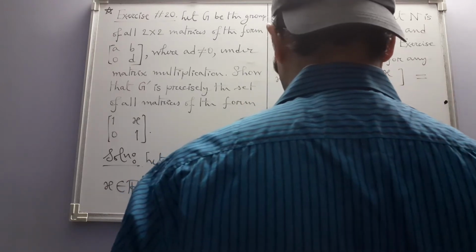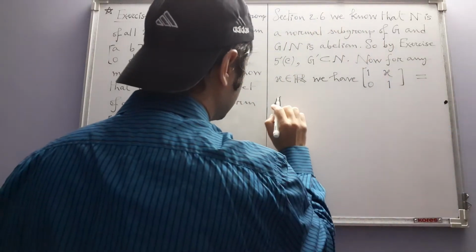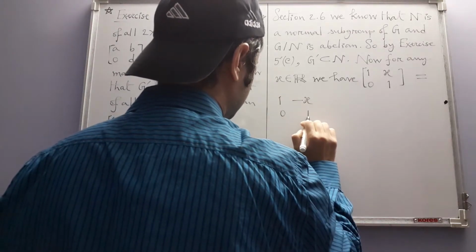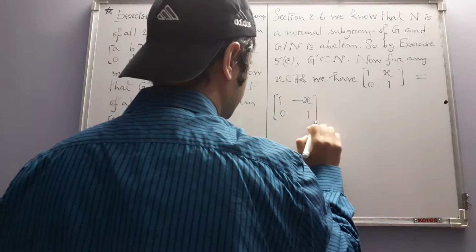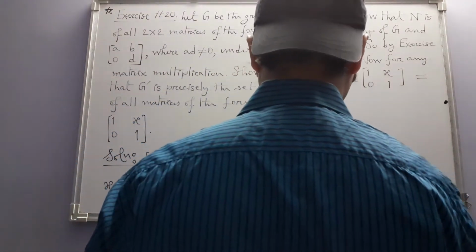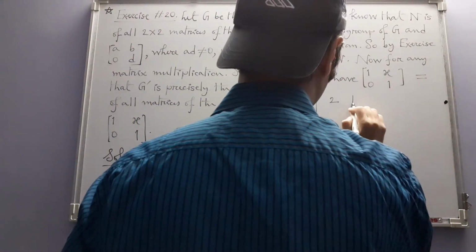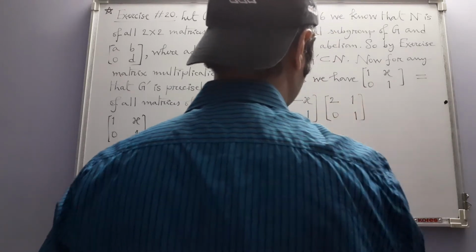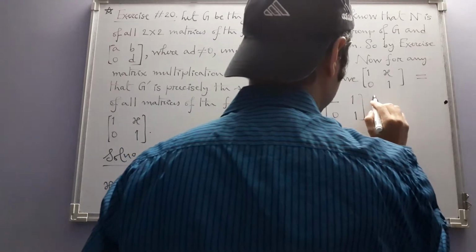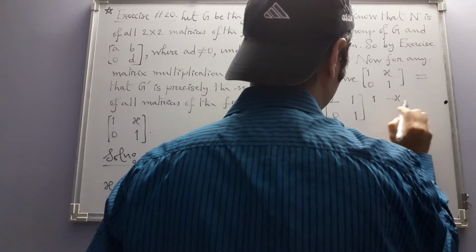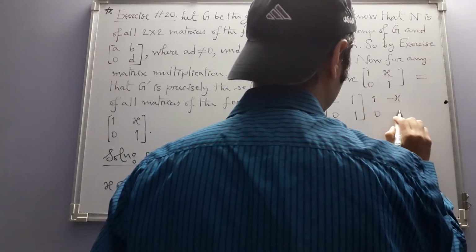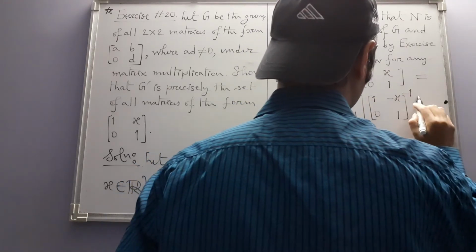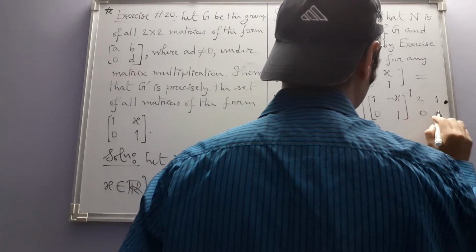One can see that it is equal to this product: [1 -x; 0 1] times [2 1; 0 1] times the inverse of [1 -x; 0 1] times the inverse of [2 1; 0 1].